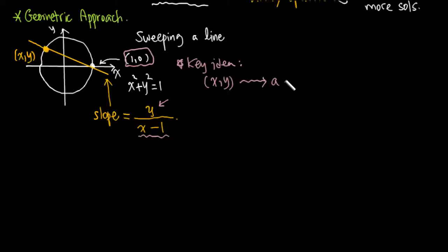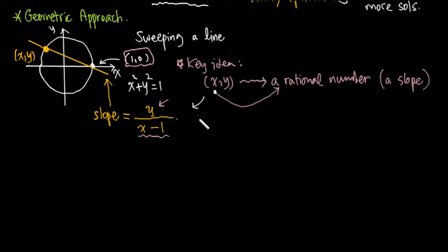So we're associating this point with a rational number, which is here the slope. But if you forget about the slope and just focus on what we have accomplished, one point is associated with a rational number. The way we associate it here is quite algebraic and keeps the rationality. That's the key point.